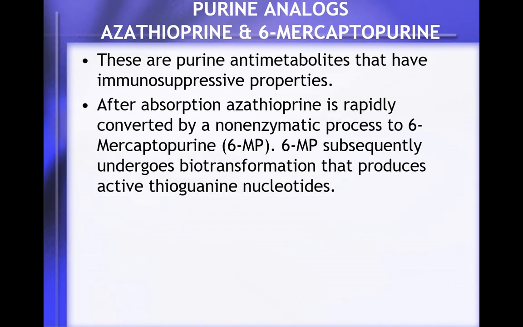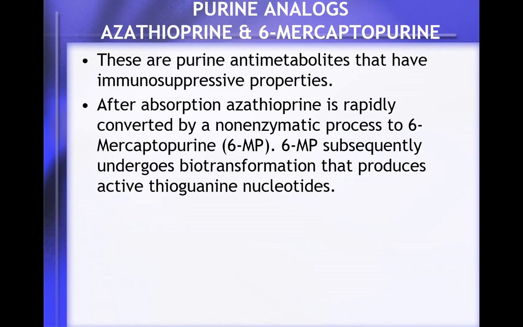The next class of the drugs, the immunosuppressant drugs, purine analogs: azathioprine and 6-mercaptopurine. These purine antimetabolites have immunosuppressant properties. After absorption, azathioprine is rapidly converted by a non-enzymatic process to 6-mercaptopurine.